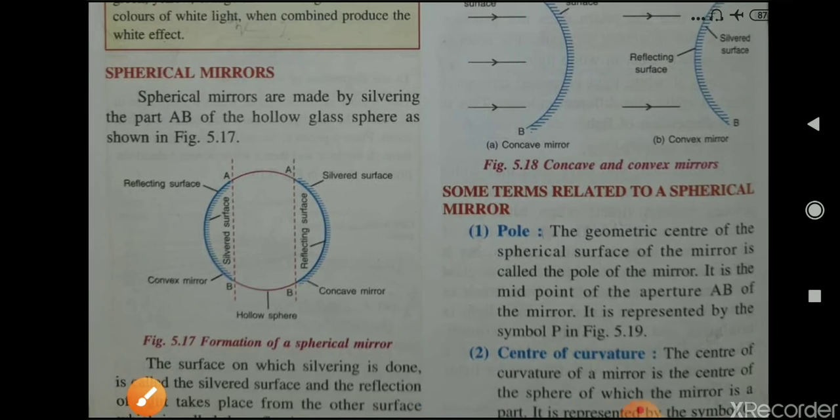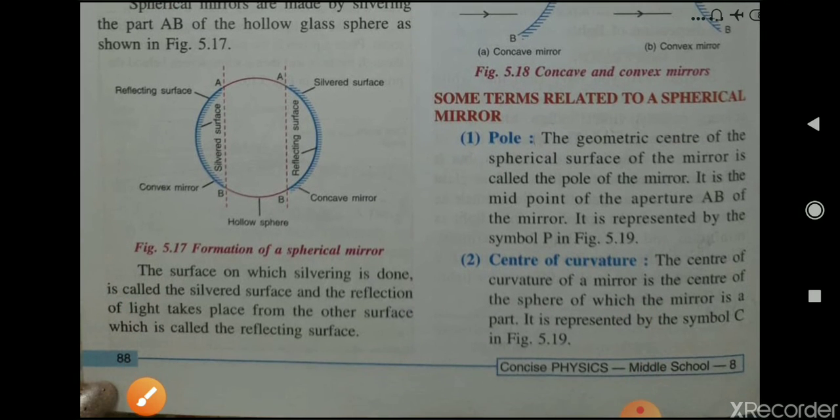Now, center of curvature. The center of curvature of a mirror is the center of the sphere of which the mirror is a part. As you can see in this picture, this is the center of curvature of the sphere of which this mirror is a part.